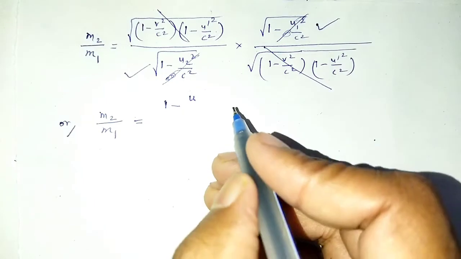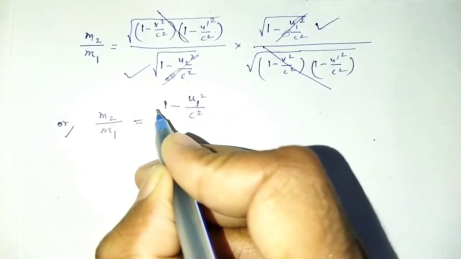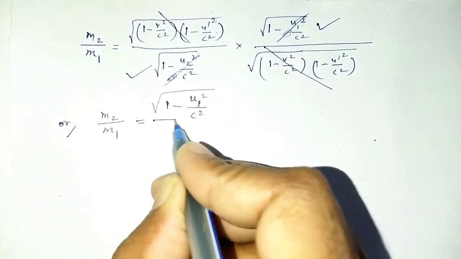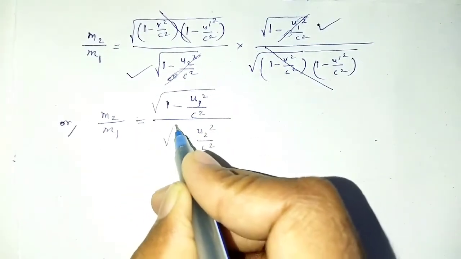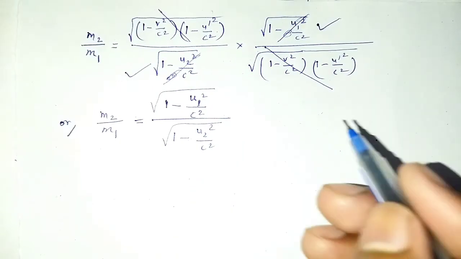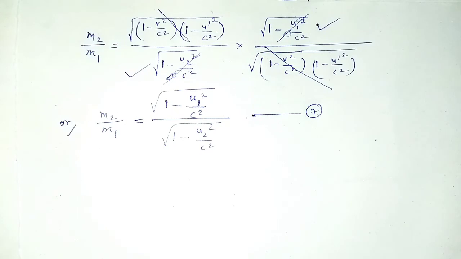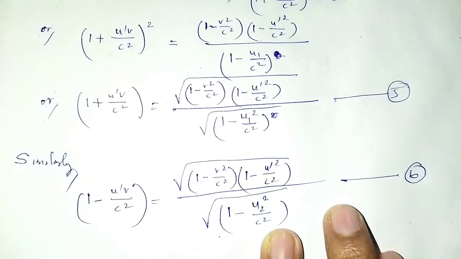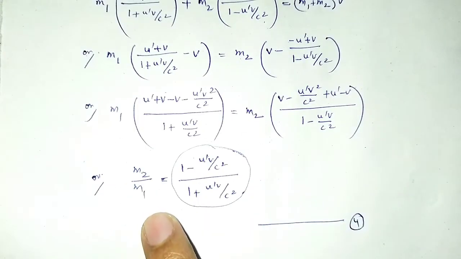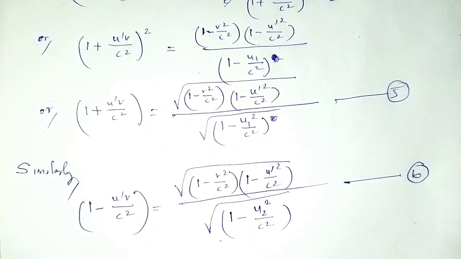That is square root of 1 minus u1 square by c square divided by square root of 1 minus u2 square by c square. Let me take it as equation number 7. Now this is the required expression for m2 by m1 by putting its values.